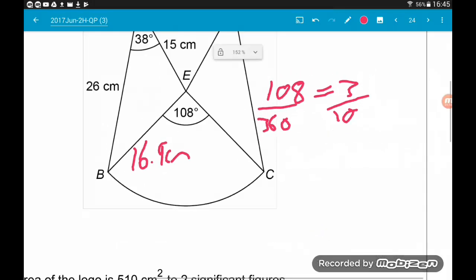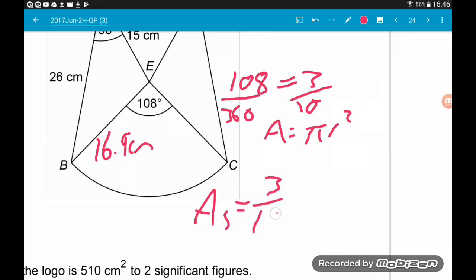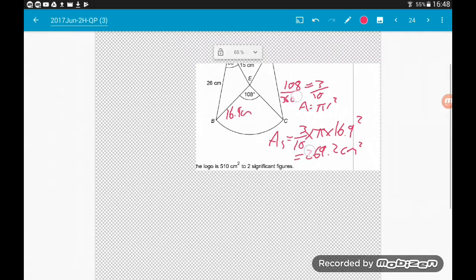So remember the formula for the area of a circle: area is pi times the radius squared. So the area of the sector is going to be 3/10 times pi times 16.9 squared. Chuck that into our calculators and we get 269.2 centimetres squared.